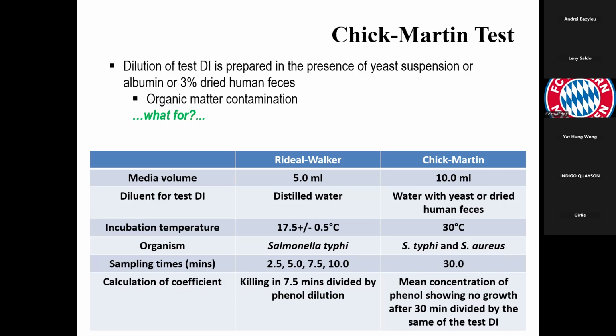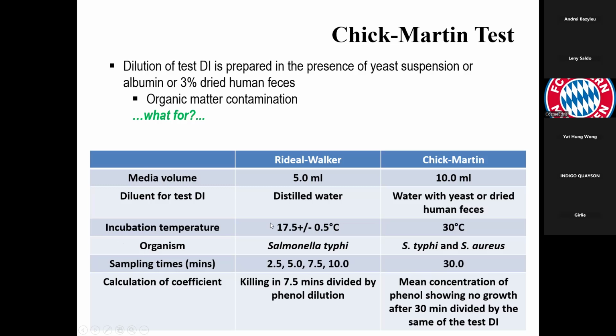We'll talk about it later today, but just to illustrate the concept, alcohols are not so good at disinfecting a surface that is actually dirty. So for alcohols, you want to clean the surface first and then apply them. So that's the reason people use these conditions for the modified phenol coefficient tests.